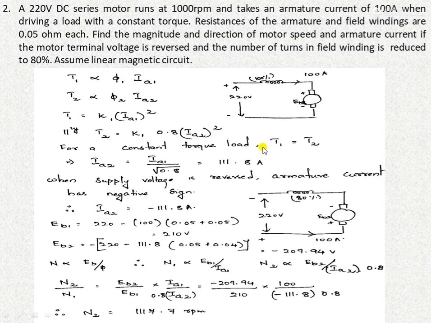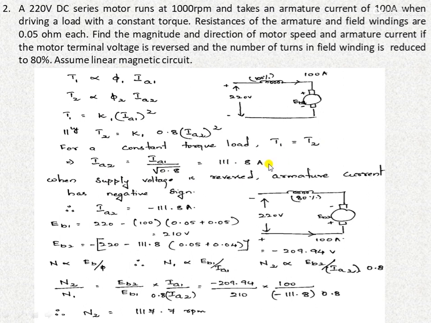It's very clearly given that the motor is supplying a constant torque load. In that case, the values of T1 and T2 will be one and the same. So after writing the equation T1 is equal to T2 and making the suitable substitutions, we will be able to obtain the value of Ia2 as 111.8 ampere.